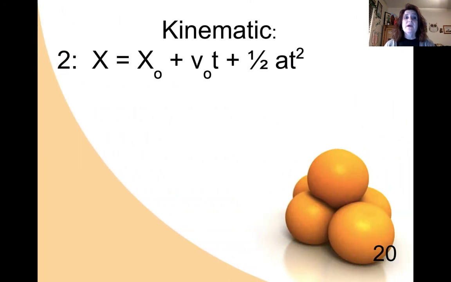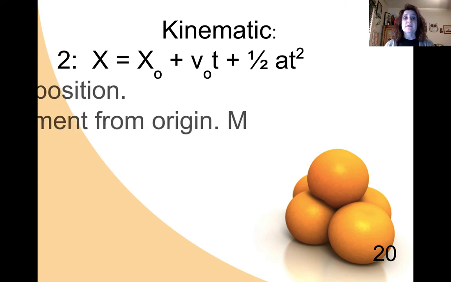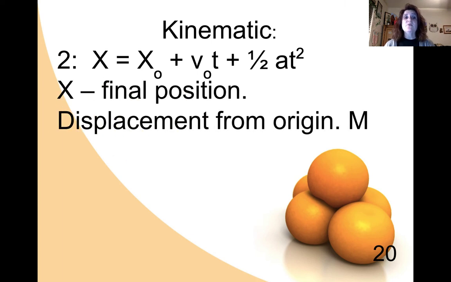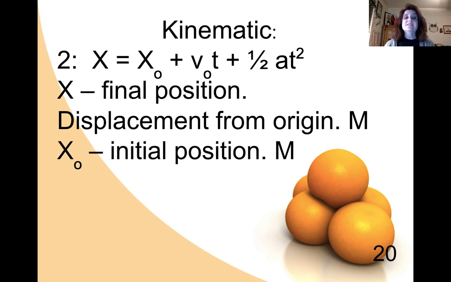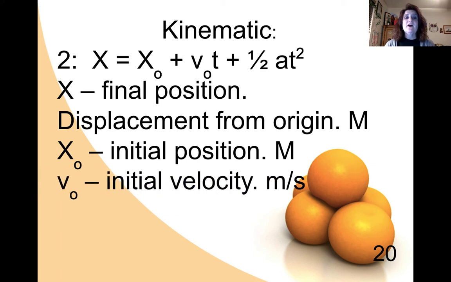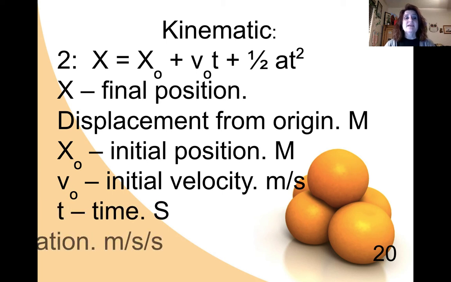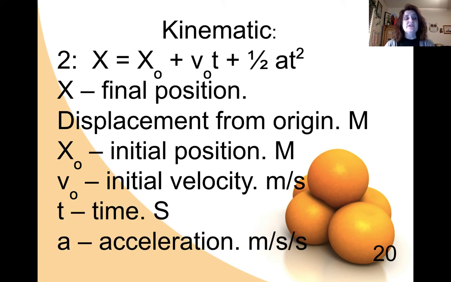Kinematic 2, x is equal to x naught plus v naught t plus 1/2 at squared, where x is the final position, the displacement from the origin in meters. X naught is the initial position in meters. V naught is the initial velocity in meters per second. T is time in seconds, and a is the acceleration in meters per second squared.